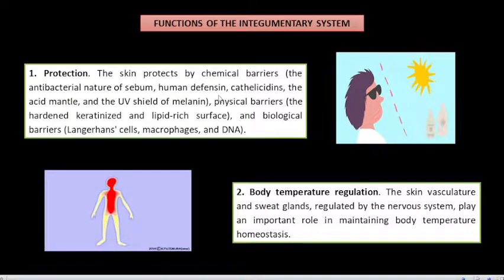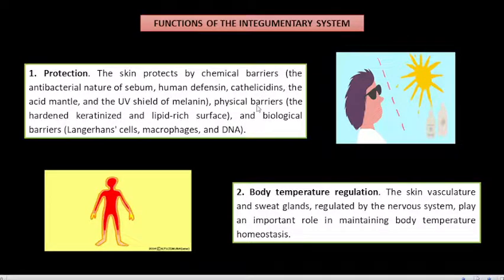Another one, we have the cathelicidins. When we say cathelicidins, this is another host defense peptide. So, ganun din, your cathelicidins are also made of proteins. And ang main function lang nila, class, is they eliminate pathogenic microbes, yung microbes that cause diseases.